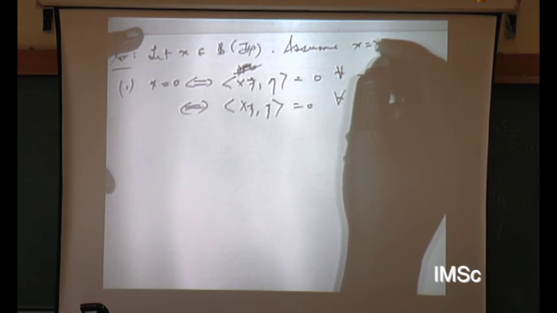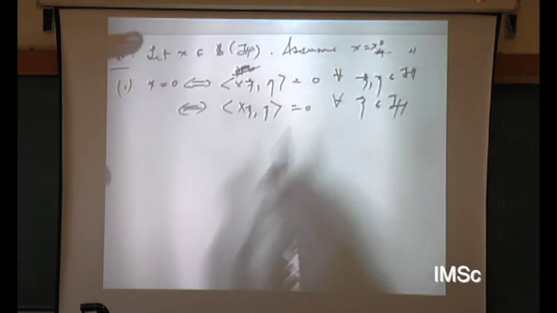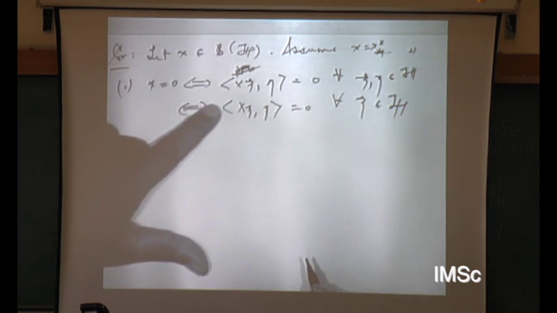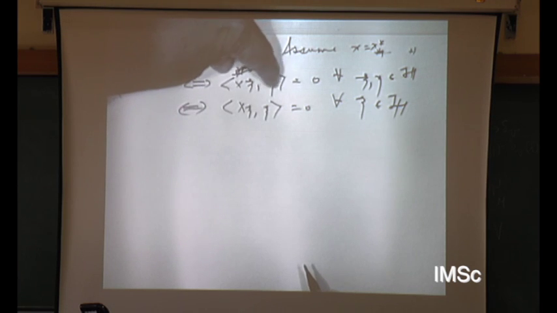Let me assume x equals x star for a moment, because only then, if I define ⟨xψ, η⟩ as the form of ψ and η, is that the Hermitian sesquilinear form.